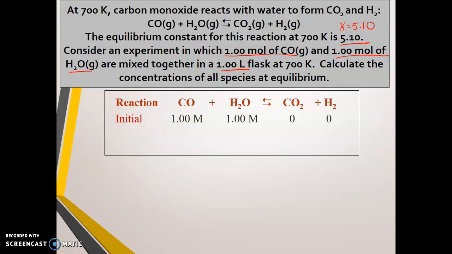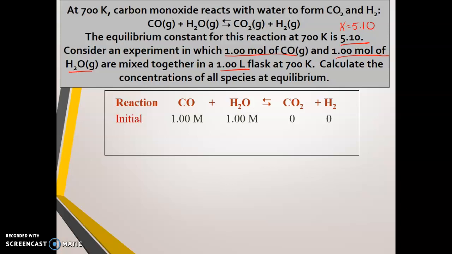So now, because I only have reactants to start this reaction with, I know that I have to shift forward and to the right. So what that means is that I'm going to remove some of my reactants and I'm going to add some products.